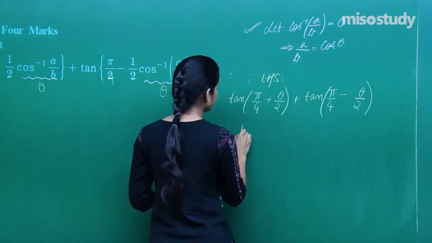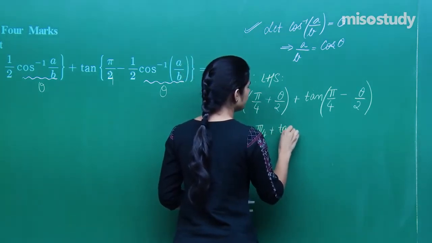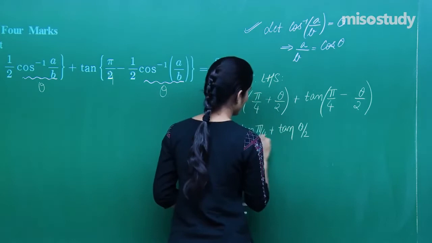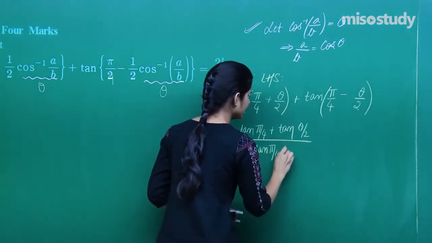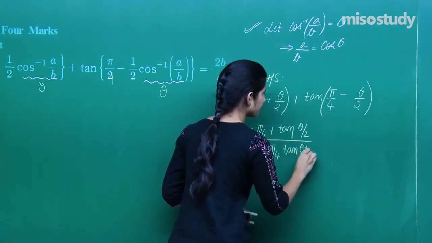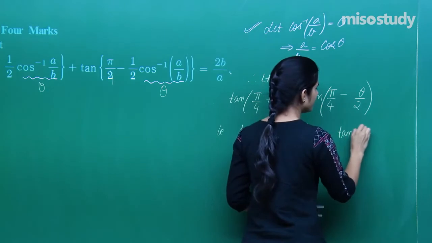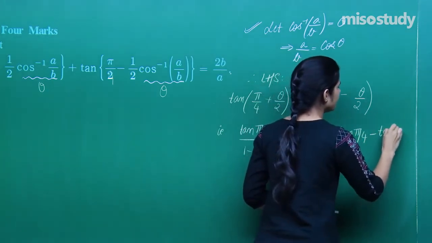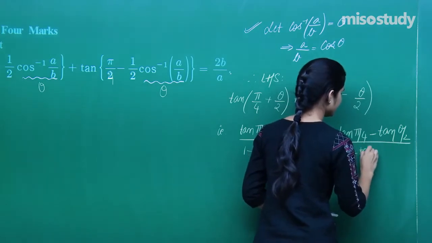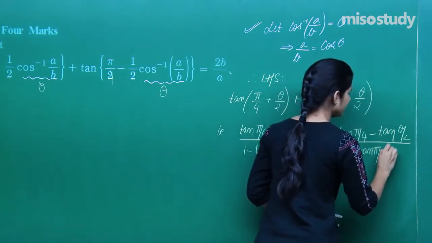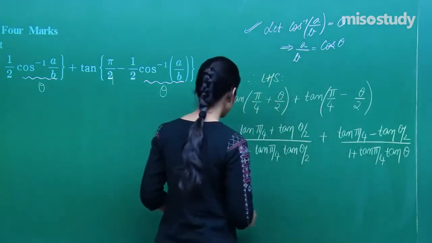Tan of A plus B is tan A plus tan B upon 1 minus tan A tan B, plus tan of A minus B, tan A minus tan B upon 1 plus tan A tan B. Tan pi by 4 is 1, all of us know.